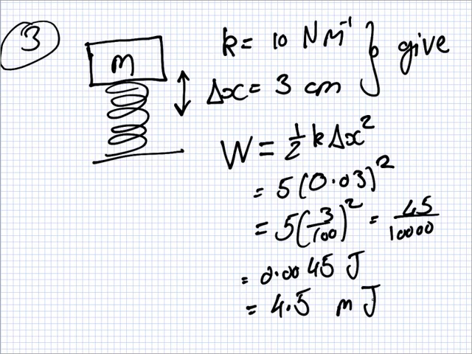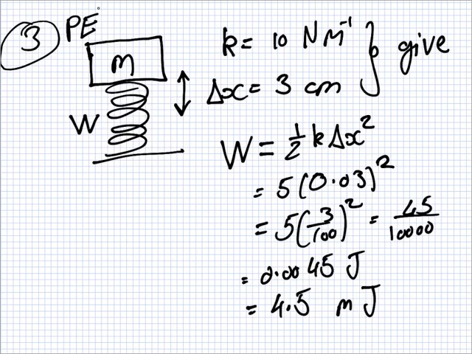Any other ideas for how you could do this one? Get the work done. Well, tell me this. Where did this 4.5 millijoules of work come from? Gravity. Where did this energy come from, this work? There was work done here, and it came from the potential energy.